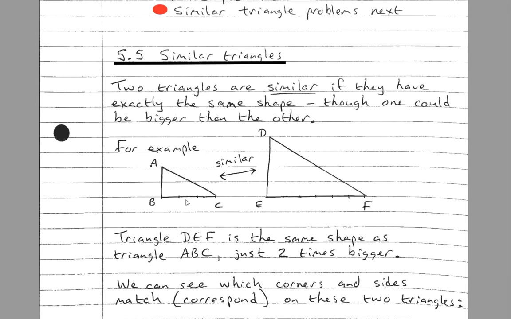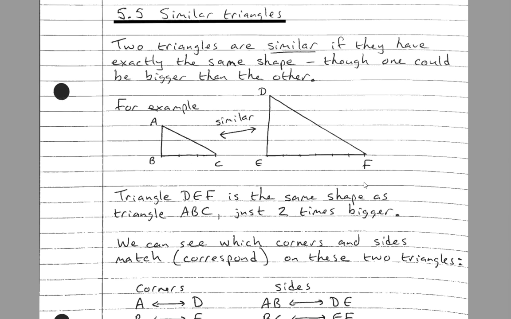So these two triangles, I've tried to draw them the same shape. This triangle with corners ABC, this bigger triangle with corners DEF, and you can see they're the same shape.